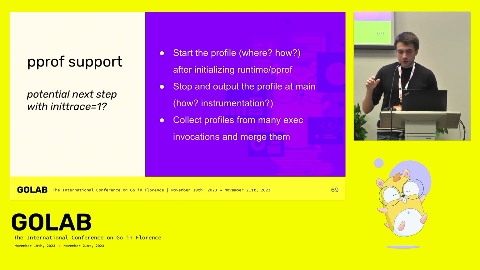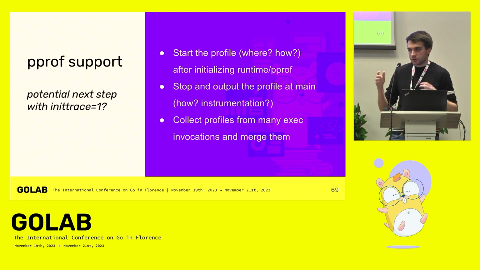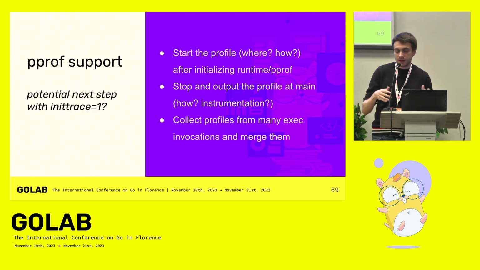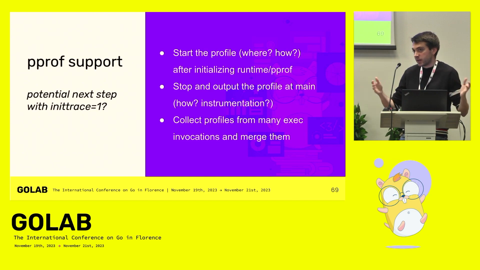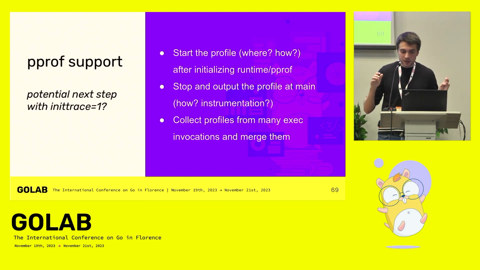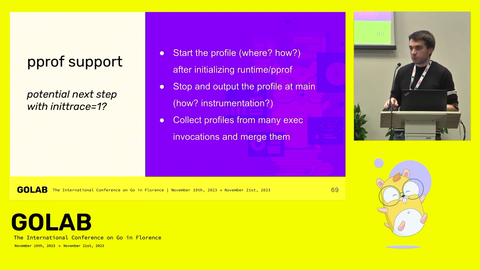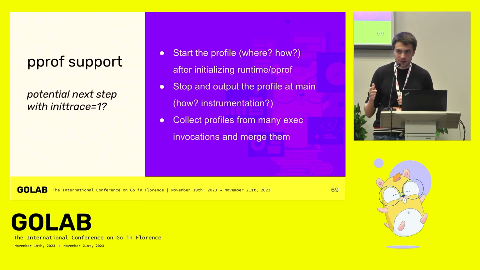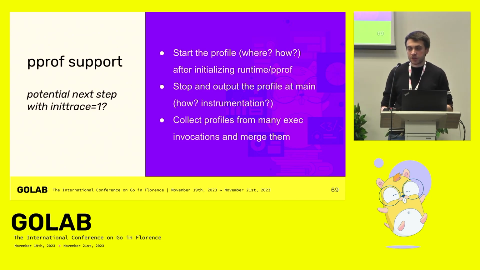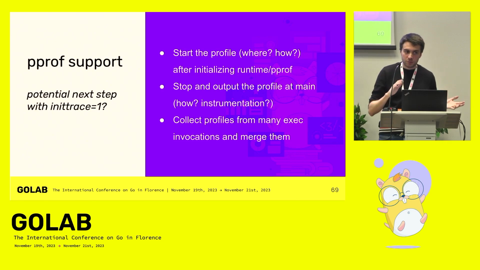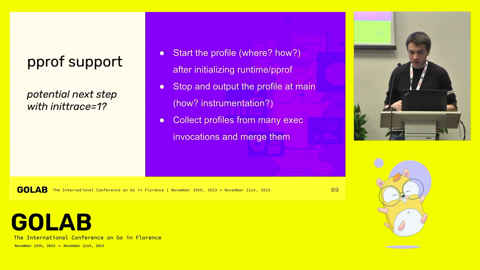So one idea for pprof support with this init trace and bench init approach would be to have the binary that you're benchmarking, in this case the test binary, but it could be any binary with the right init function, start the pprof profile somewhere, and that is one of the question marks, after initializing runtime pprof, because pprof is itself Go code. It still needs to be initialized, right? So you need to start the profile somewhere after that, but before your packages, because otherwise you're not measuring anything.